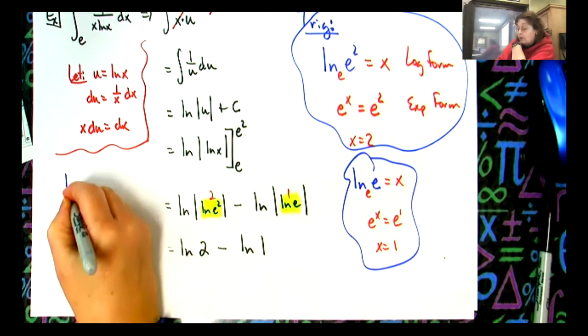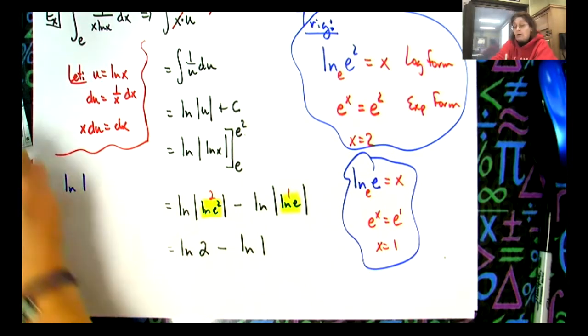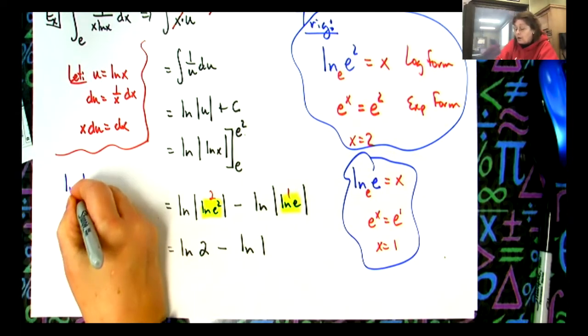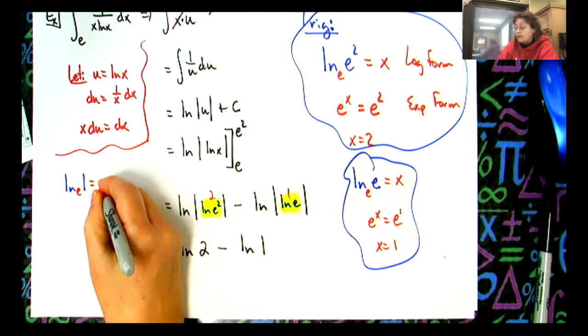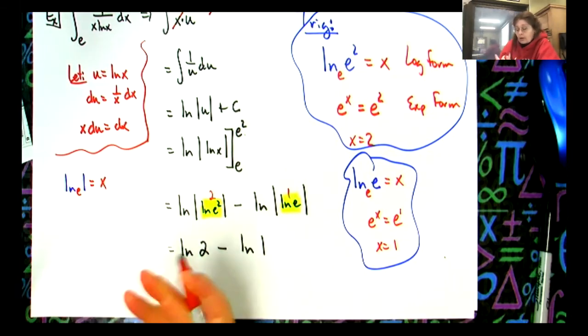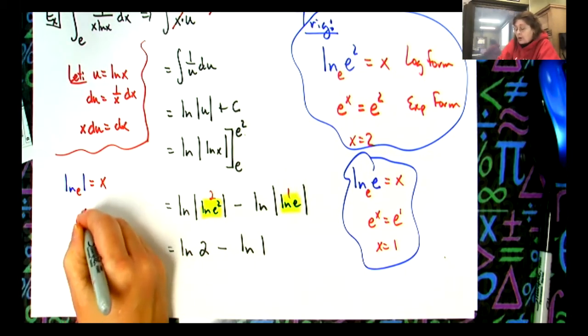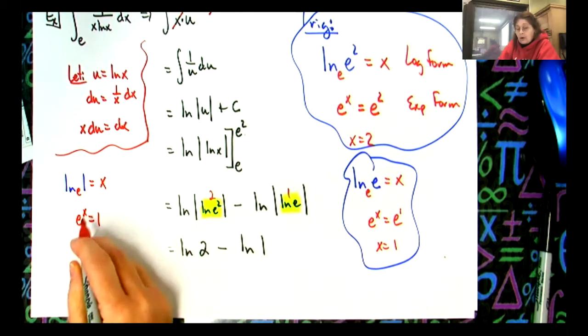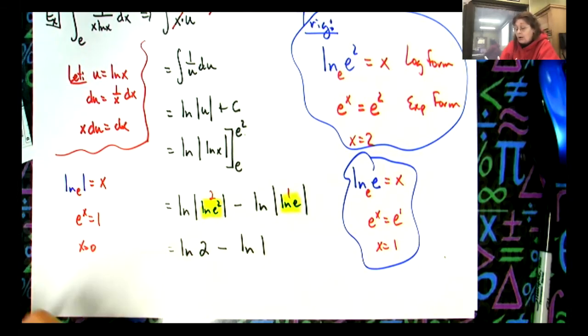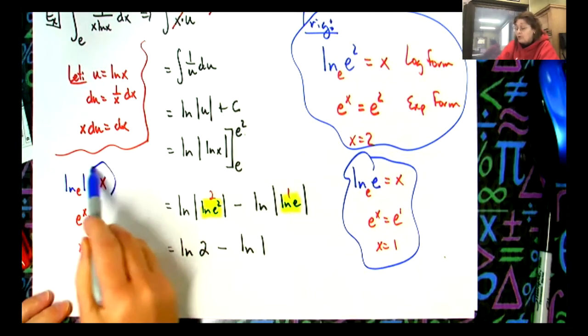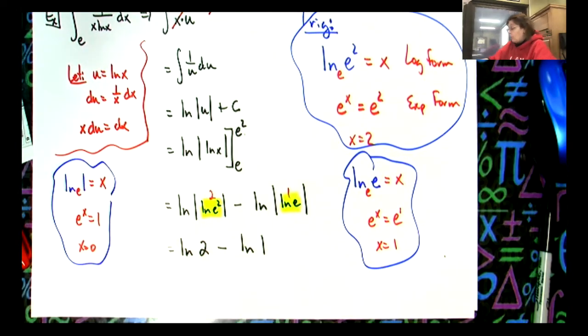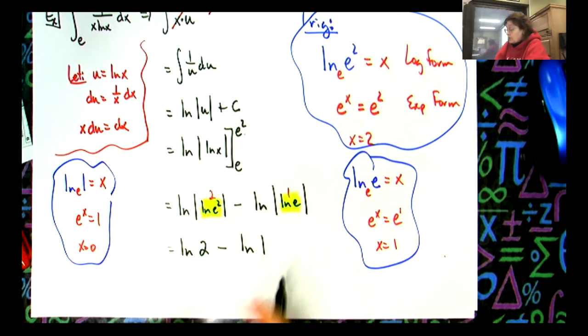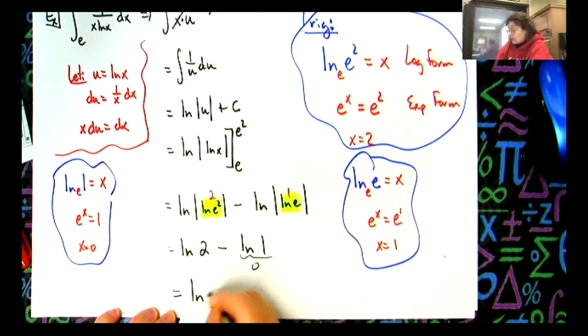Natural log of 1, I have a base of e, right? What does this expression equal? Some x, I don't know what it is. e to the x equals 1. Anything raised to the 0 power is 1. So natural log of 1 is 0. So this guy is 0. So then my overall answer is natural log of 2.